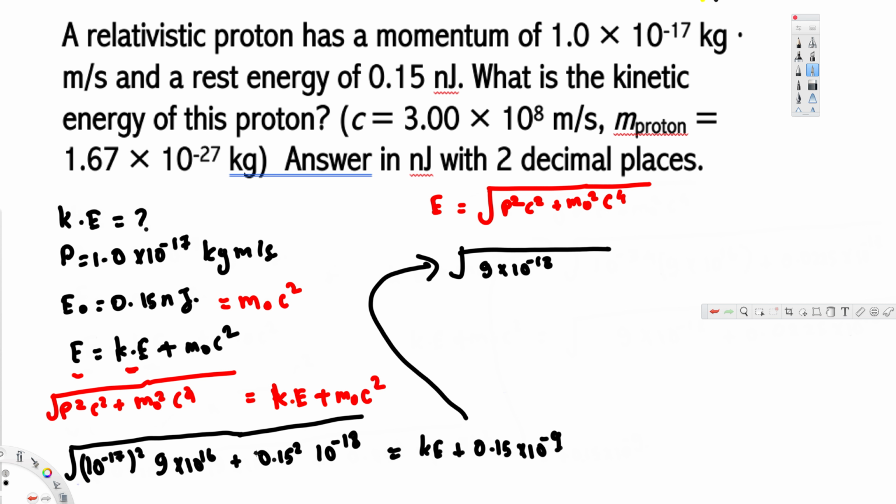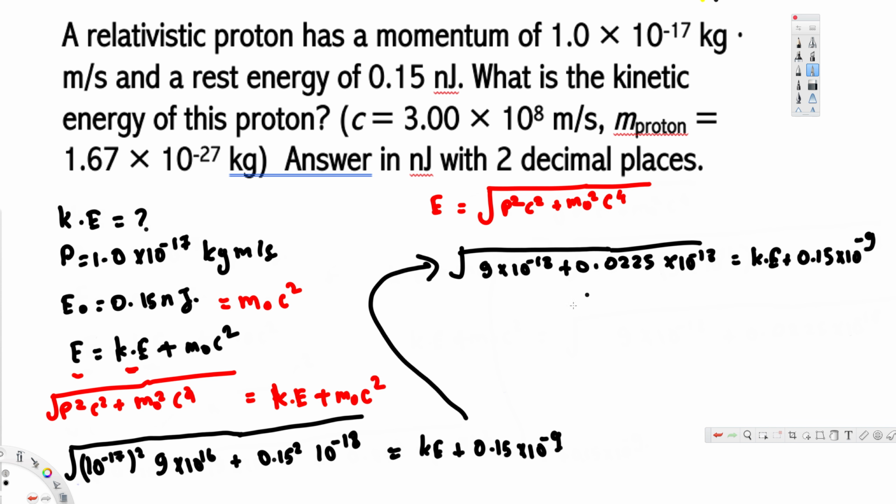And on the other side we have 0.15 square, that's equivalent to 0.0225. So this is going to be 0.0225 times 10 to the power of minus 18. On the other side we are going to have kinetic energy plus 0.15 times 10 to the power of minus 9.